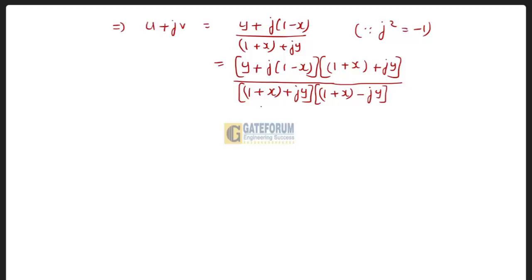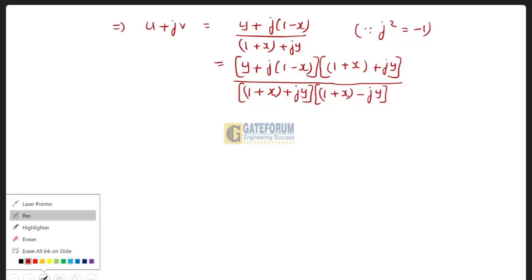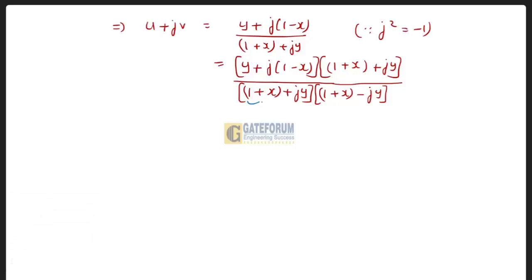Now this denominator looks like (a plus b) into (a minus b), a square minus b square, and j square value is minus 1. Similarly, multiply the numerator, the two brackets, 2 terms into 2 terms, totally 4 terms you will be getting.